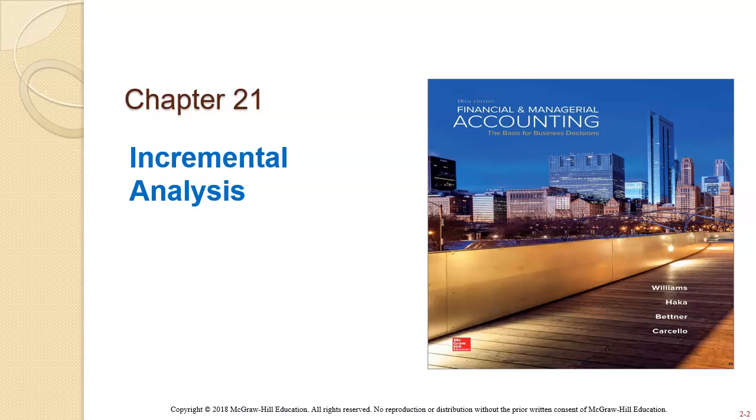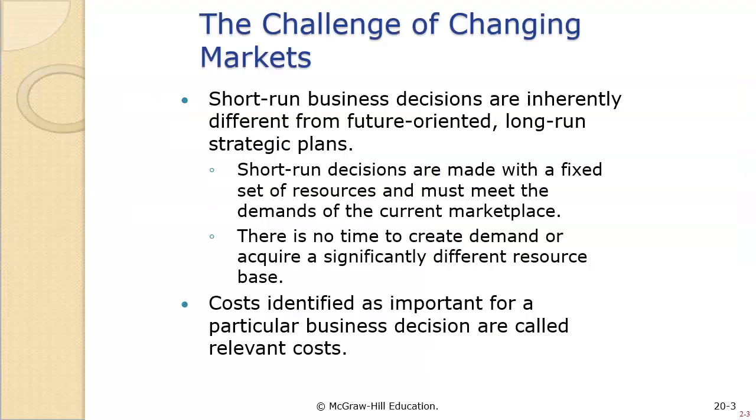Chapter 21 is about incremental analysis. As you remember, financial statements are supposed to help you make informed decisions, as in management or as an investor. There are different decisions you have to make.